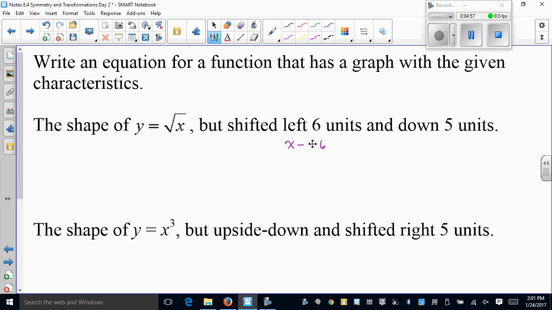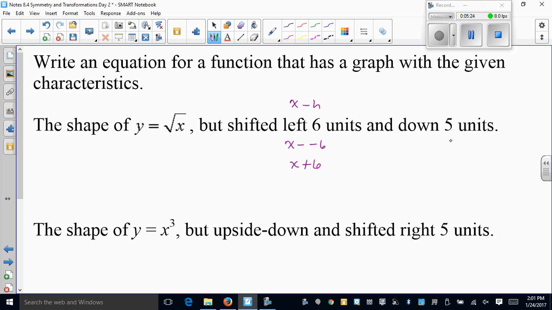But remember, our formula is x minus h. Well, my h is -6. There's the minus, there's the x. So this is really x plus 6. Now it looks too much like a b. X plus 6. And then it's moved down 5. This is going to be the equivalent to your k value.